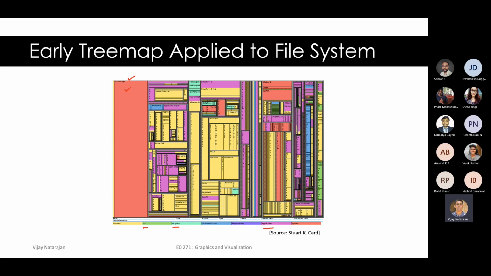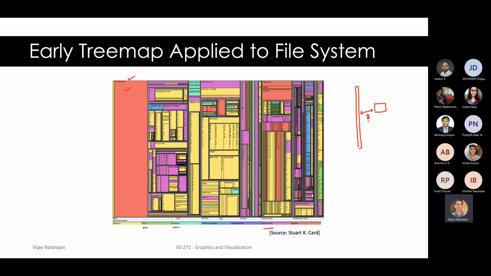you may have a long, thin rectangle whose area may be similar to something like this. Now, it's very difficult for a human to compare the areas of these two and tell which one is bigger and which one is smaller.